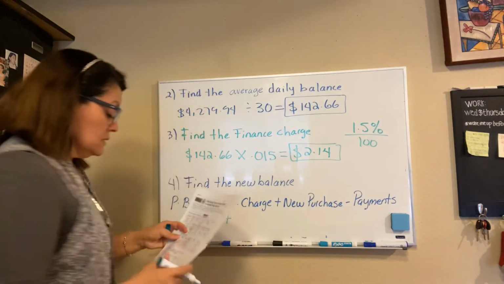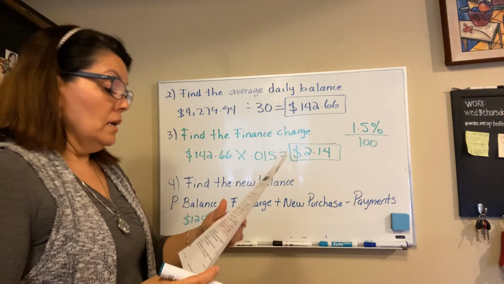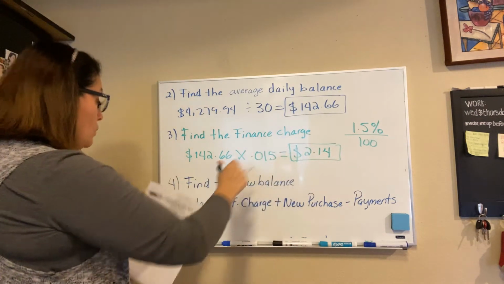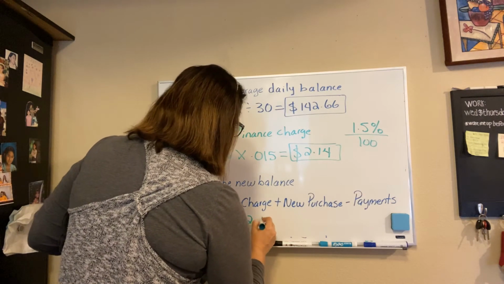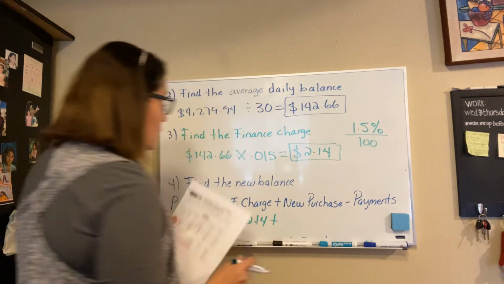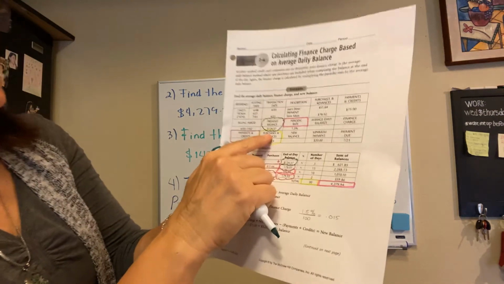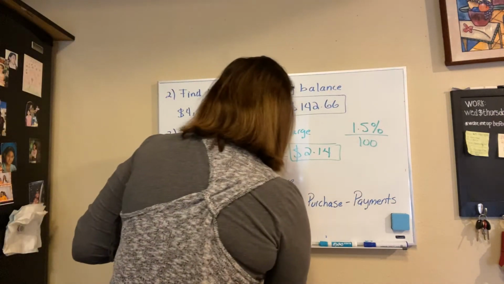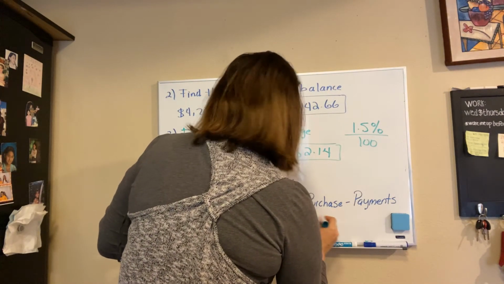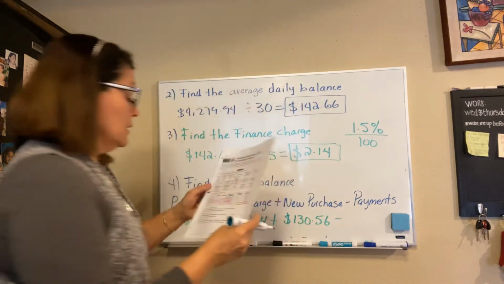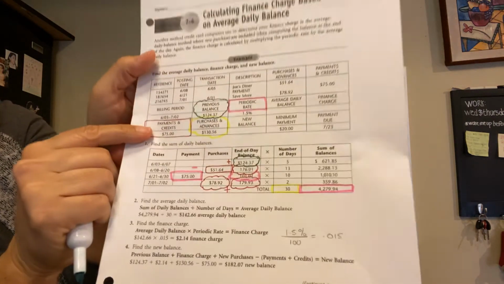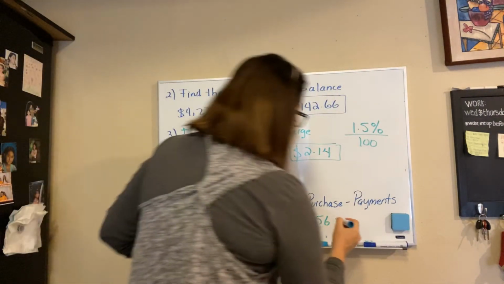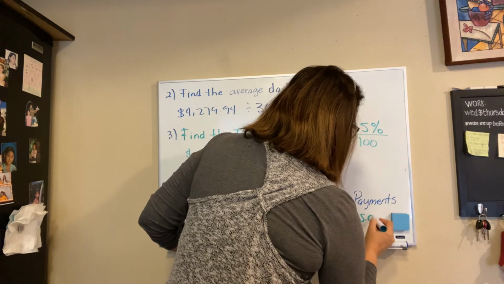So 124.37 plus the finance charge. Okay, we already found it. It was 2.14, plus the new purchase. It says here purchases and advances. So it is going to be 130.56, minus the payments. It is right in the corner. It says payments and credits. $75.